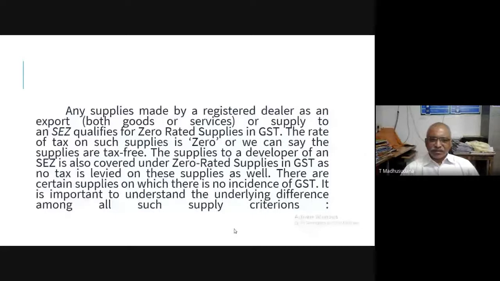Under GST, there are 4 categories of supplies which are similar in nature, but there is a small difference in these various concepts and how these concepts are different from each other.